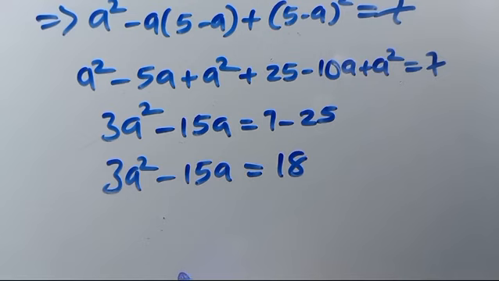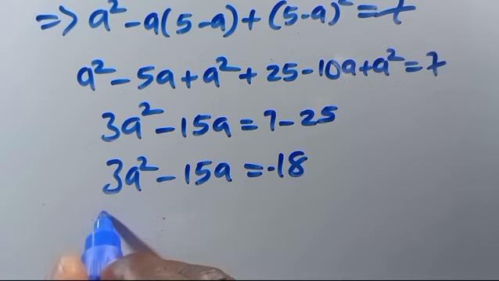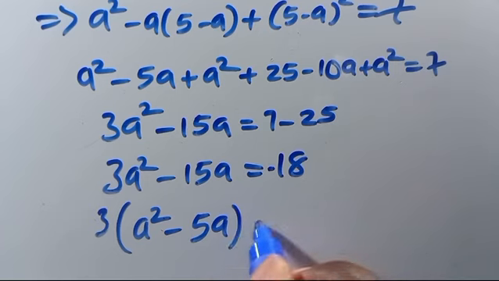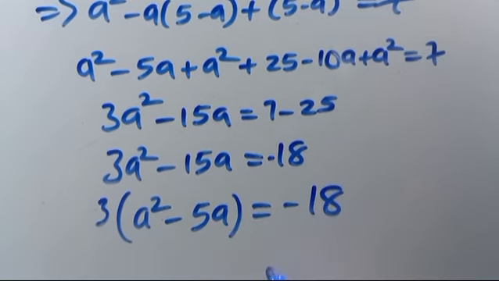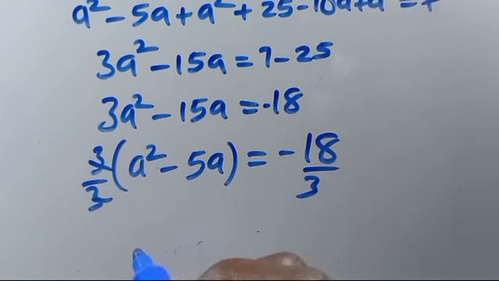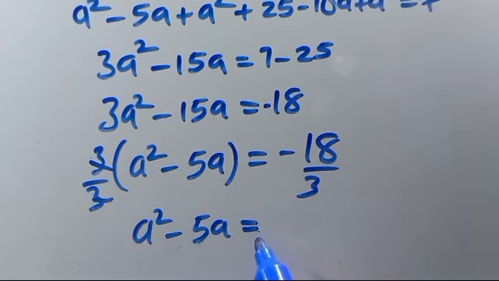Then from here, we have minus 18. Let's factor 3. Here will be a squared minus 5a equals minus 18. Dividing both sides by 3, this will cancel out. We have a squared minus 5a equals 6, so here will be minus 6.